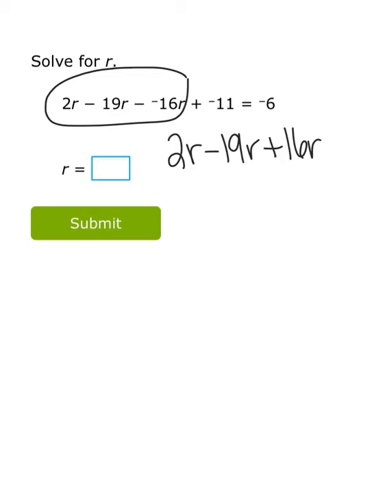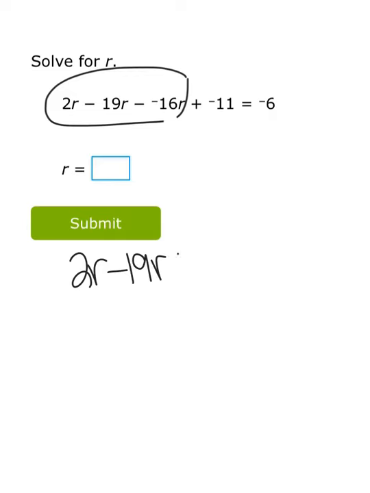Let me erase that and rewrite it so I've got more room, because y'all know how big I write. Okay, so we would have 2r minus 19r plus 16r. Also, see, it's like plus negative 11. I'm just going to write that as minus 11 equals negative 6.